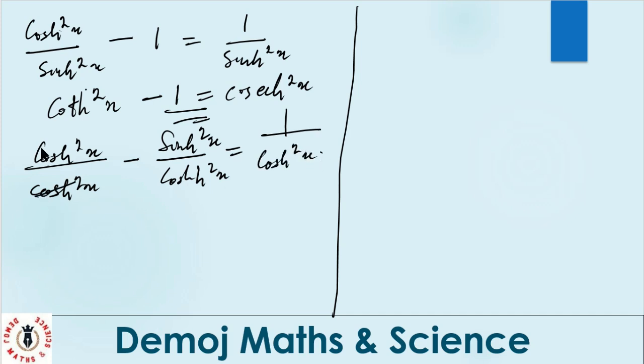Now, cosh squared x cancels cosh squared x. This becomes 1 minus sinh squared x over cosh squared x. That's hyperbolic tan squared x, which is equal to 1 over cosh squared x. And 1 over cosh squared x is the same thing as sech squared x.